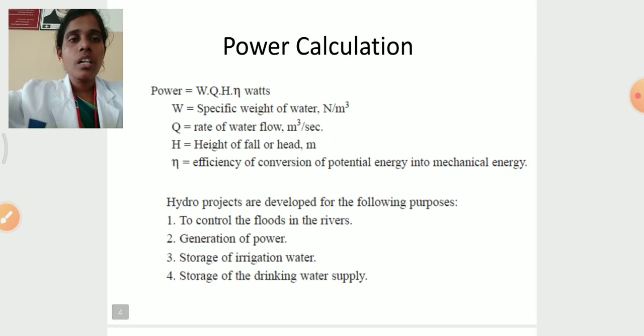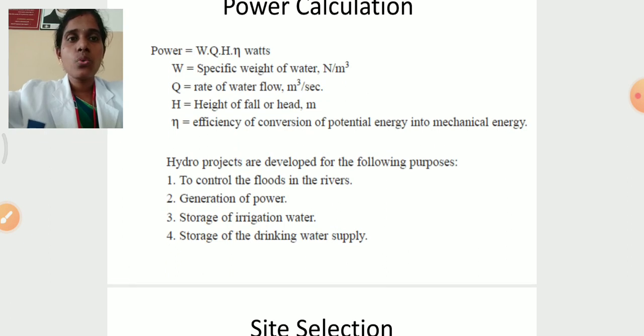Generally, hydro projects are developed in order to control floods in the river, and the hydro power plant is majorly used for the generation of power and storage of irrigation water. Under water abundance, we may also use the storage for drinking water supply.